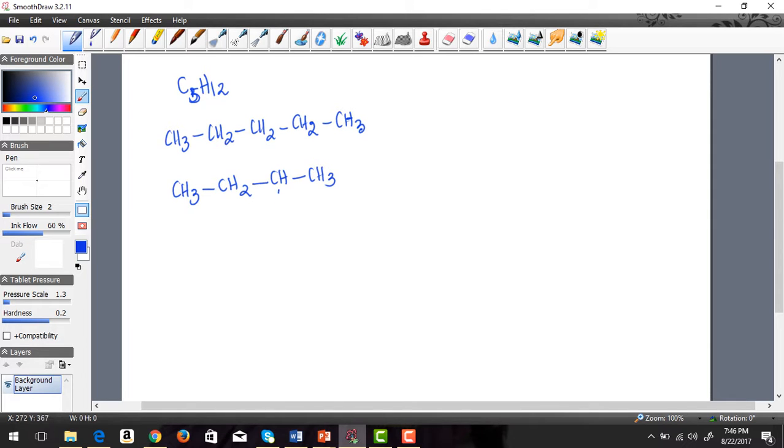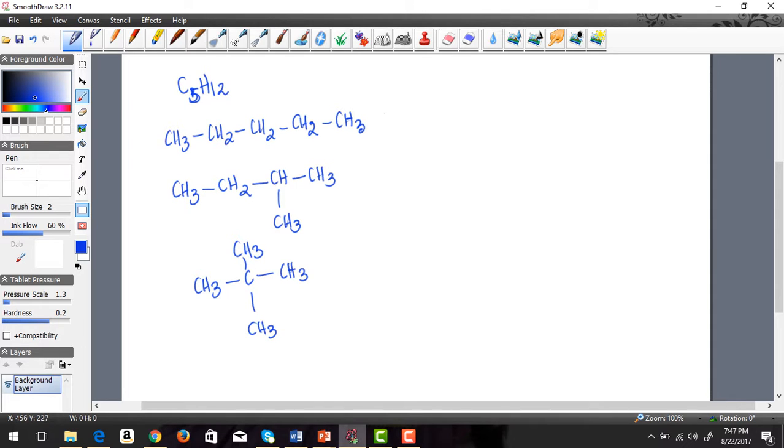So these are the three structures we were able to establish. I'm only writing the condensed structures. You should quickly learn how to write condensed structures, because there's no way in the world you're going to be able to create open structures like that for a really complex molecule. Okay, that will take forever of your time.